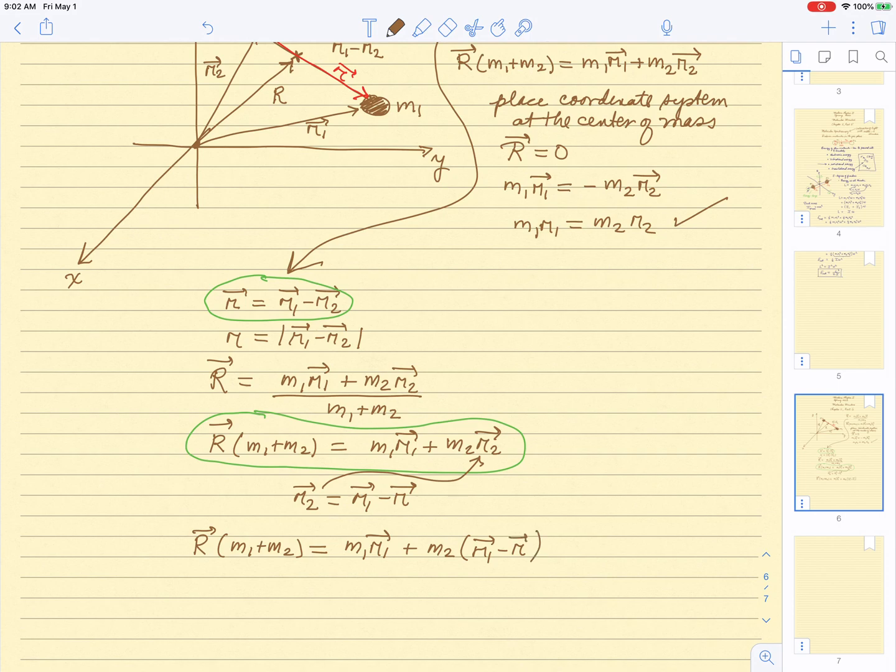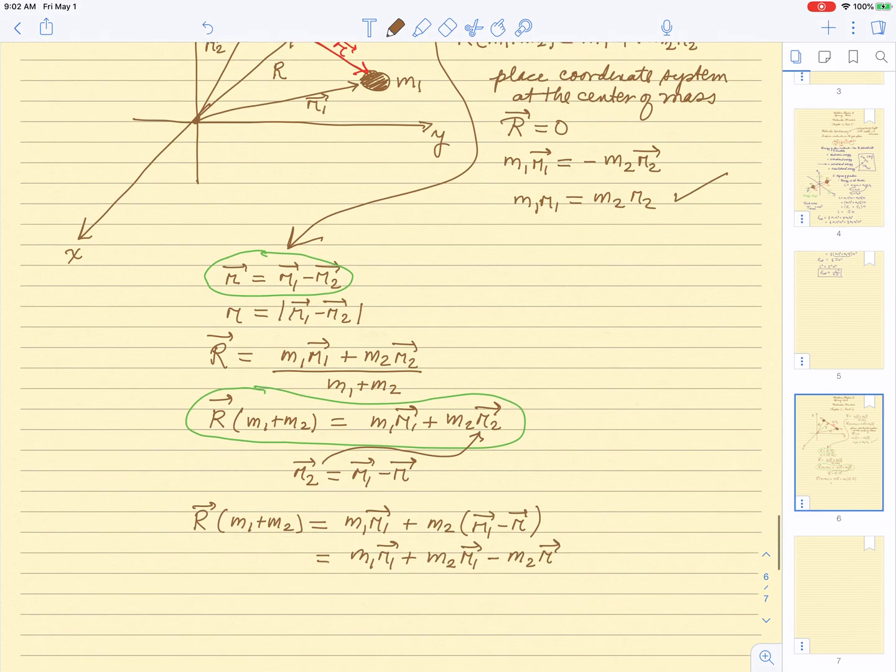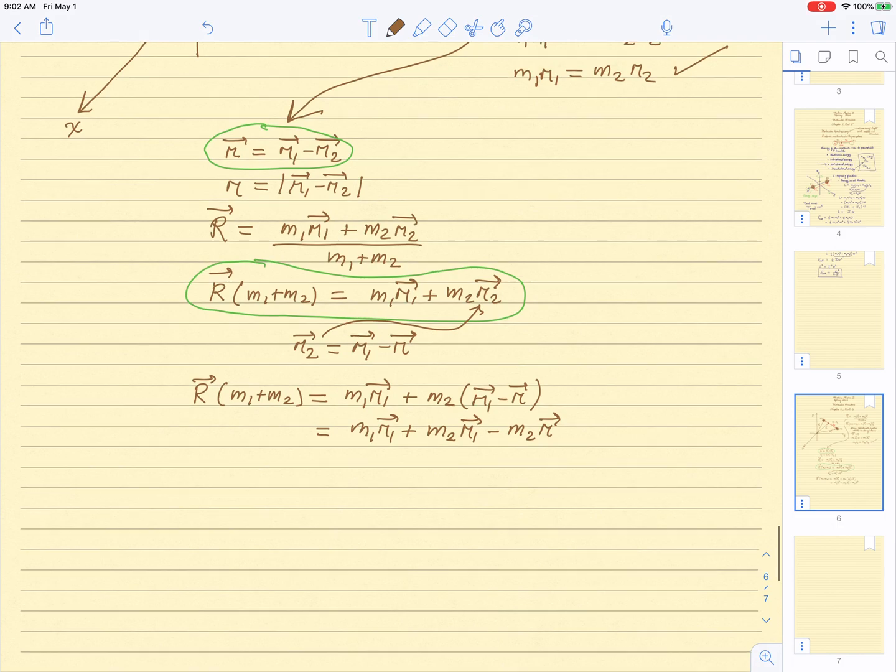Okay, and then let's do the algebra. It's going to be M1 R1, plus M2 R1 vector minus M2 R vector. So this then is going to be equal to M1 plus M2 times R1 minus M2 R vector. And then we can solve for R vector, right?